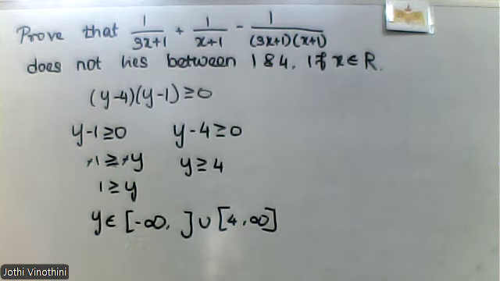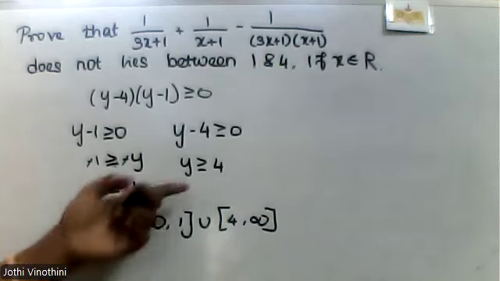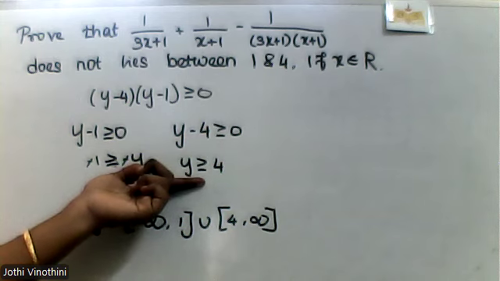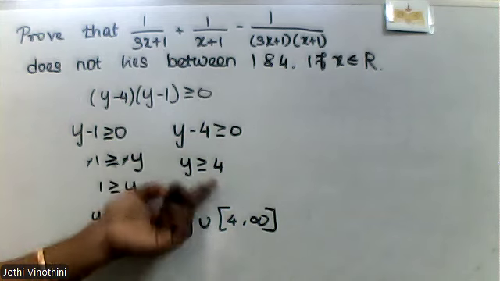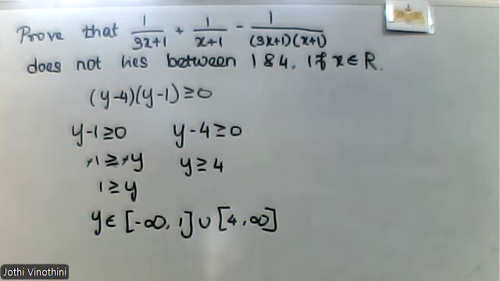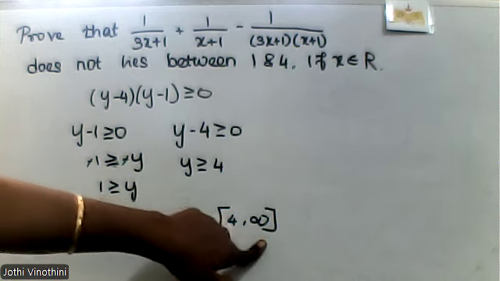So it must be minus infinity to 1. And y is greater than or equal to 4, so what are the possibilities? 4 to infinity. So we find y lies between minus infinity and 1, union 4 and infinity.